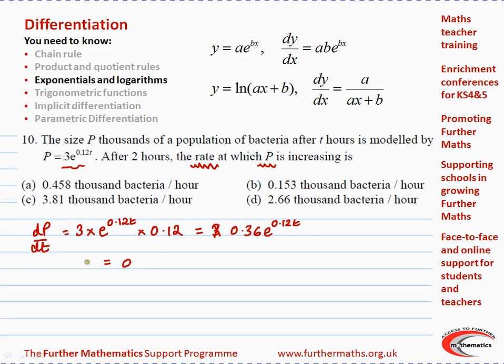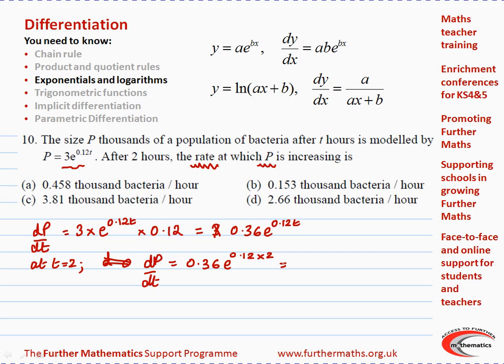So we've got at time t equals 2, dp dt, sorry for my poor notation here, is going to be 0.36 e to the 0.12 times 2, and I'm just going to tap that straight into my calculator here.